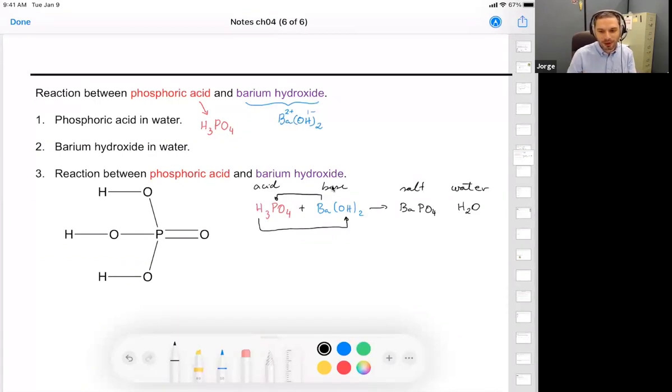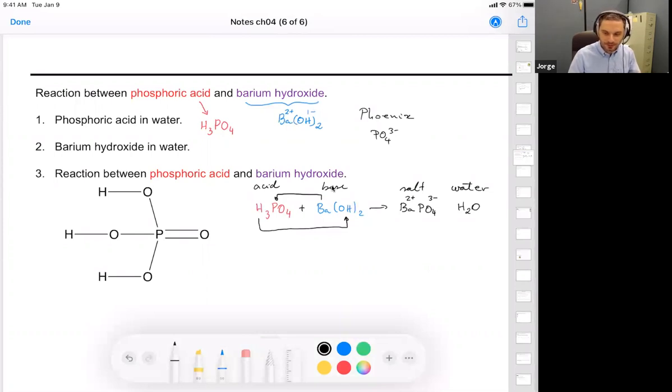Now that you know the kind of the formula of the salt, the next step is to make sure about the charges, and if needed, cross the charges. Barium is 2 plus. Phosphate is 3 minus. Very, very careful with that. Remember about Nick the camel. So phosphate is Phoenix, PO4, 3 minus.